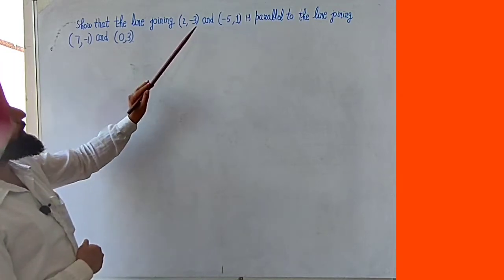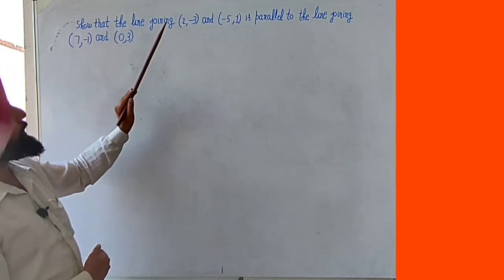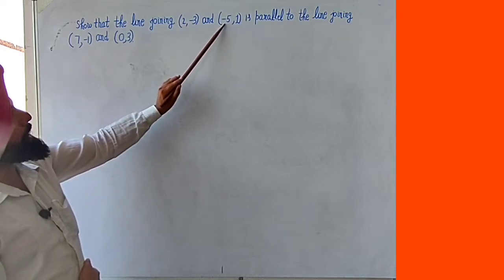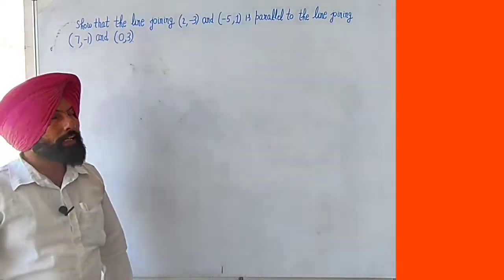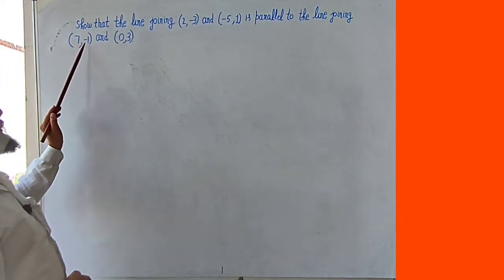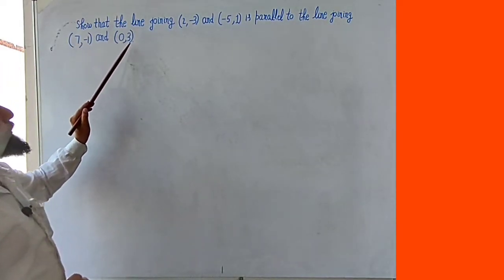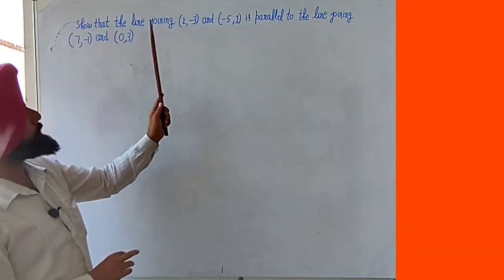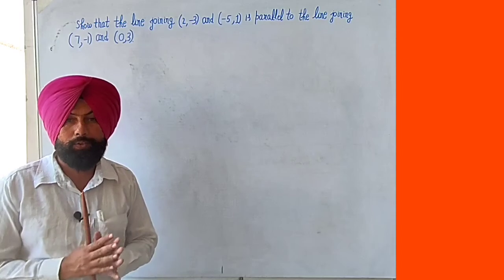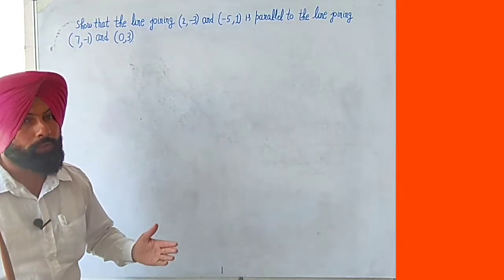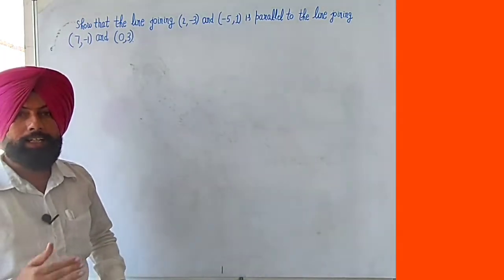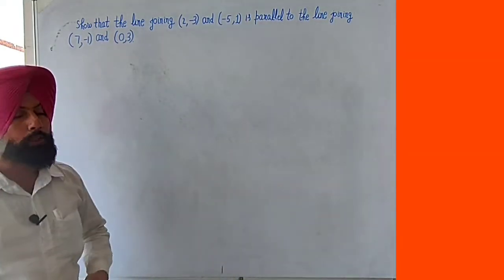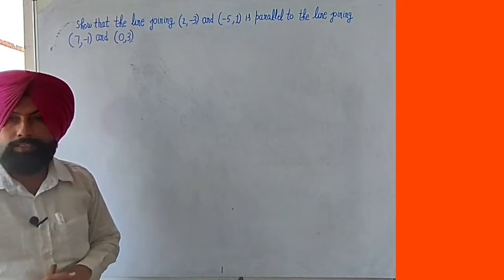One is the first line whose points are (2, -3) and (-5, 1), and the second line has points (7, -1) and (0, 3). We have to prove that these two lines are parallel. So what we do, we find the slope of these two lines through these points.